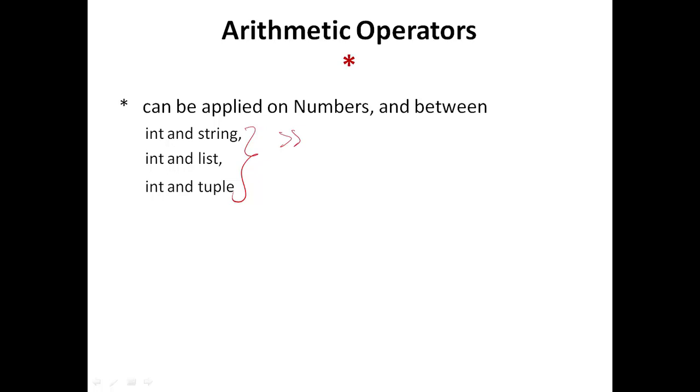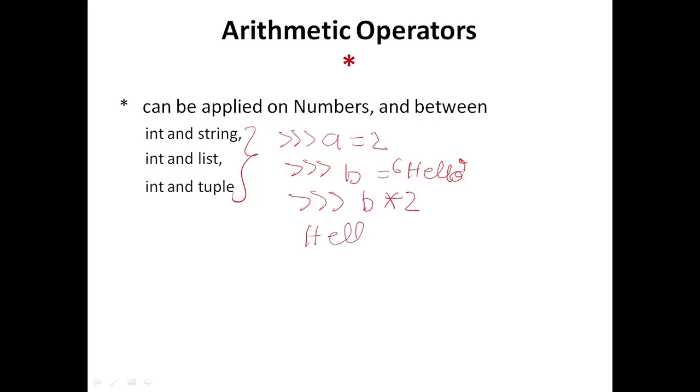Let we have a variable a of integer type, let its value be 2, and let we have a string variable b which has some string, let it be hello. So if you apply the multiplication operator over this string, then you can write b into 2, then this will repeat the string two times.